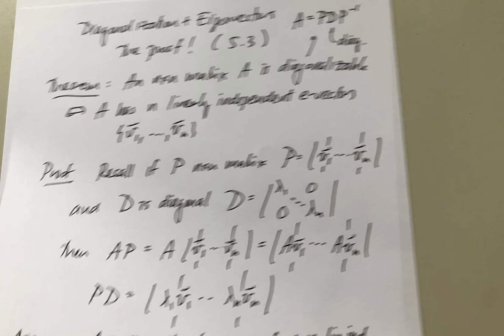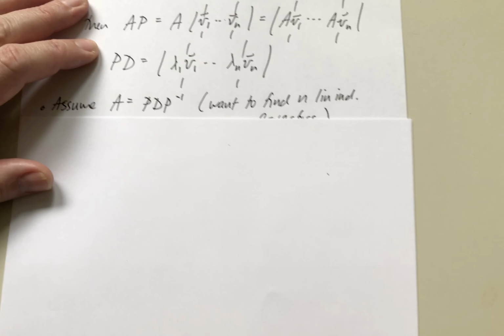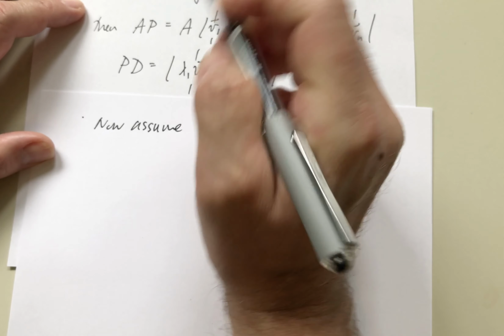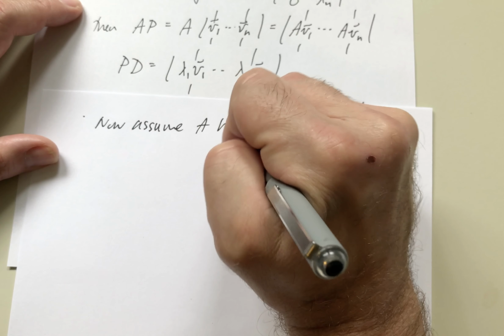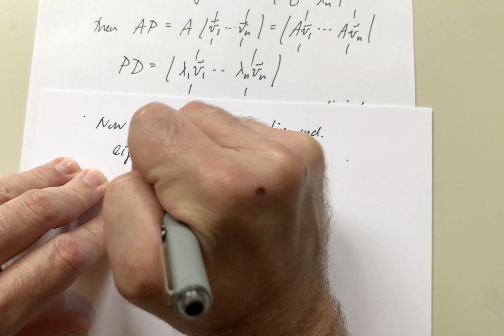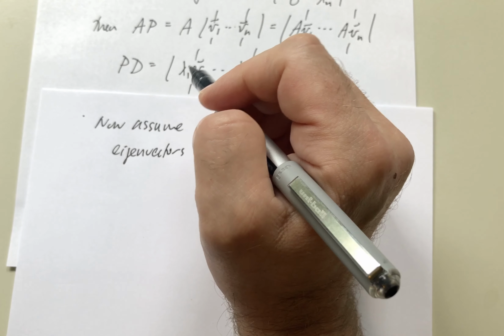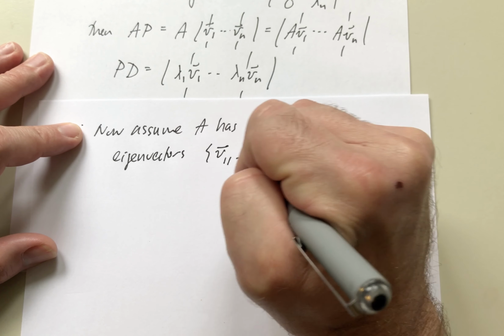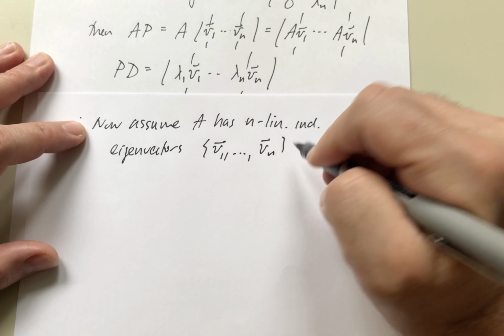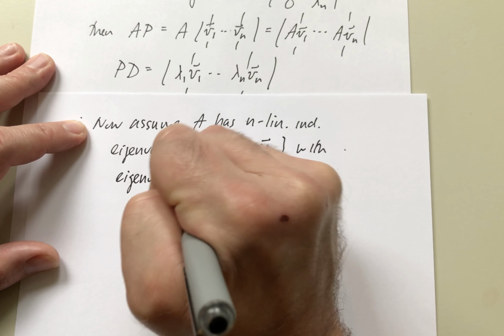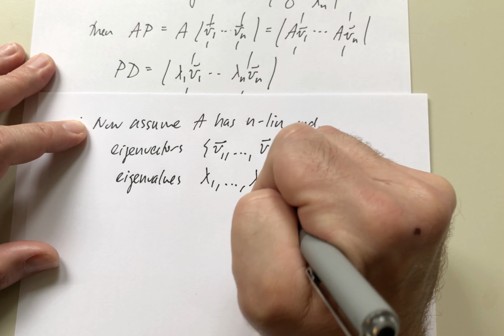So what we have to do now is assume that A has n linearly independent eigenvectors. Let's say that they're called v1 through vn, with corresponding eigenvalues lambda 1 through lambda n.